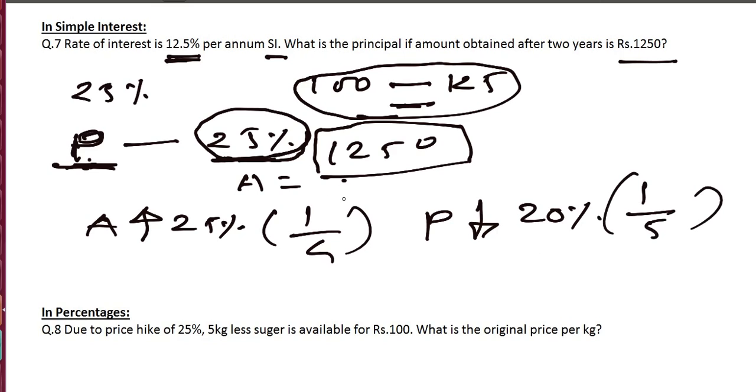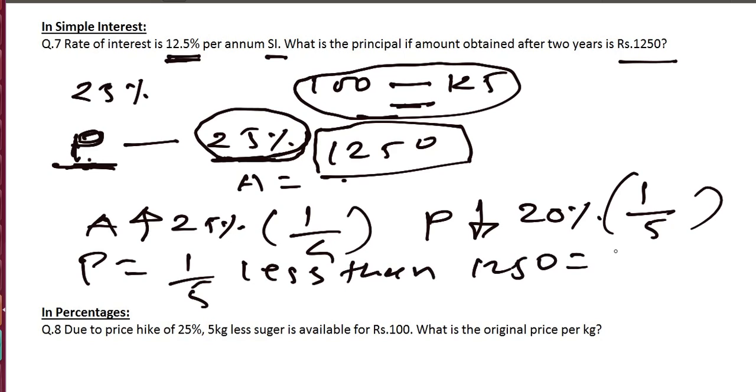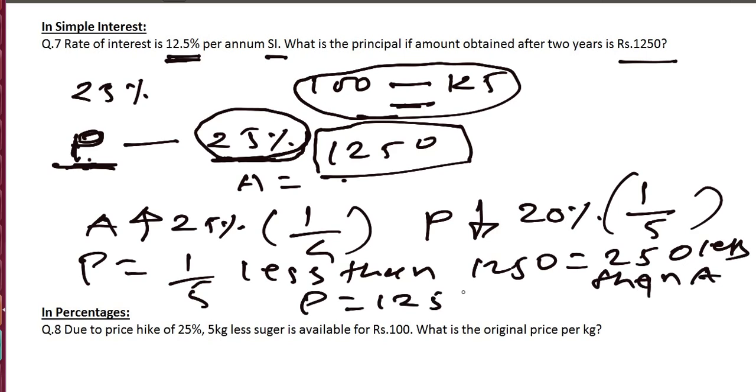So the principal is equal to 1/5 less than 1250. 1/5 of 1250 is nothing but 250, so 250 less than the amount. So the principal is equal to 1250 minus 250, which is nothing but 1000.